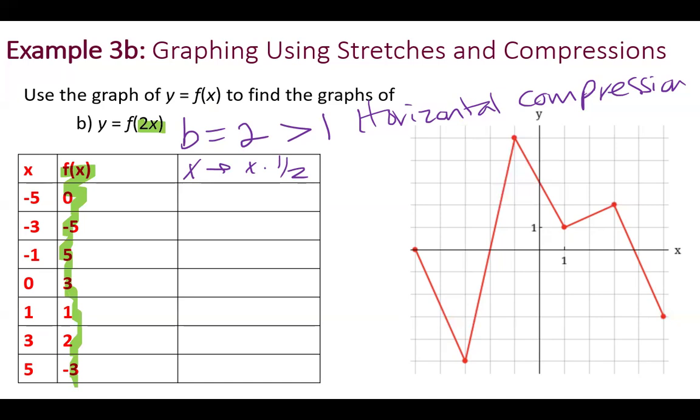But to all of our x's, we have -5 divided by 2. We have -3 divided by 2. We have -1 divided by 2. 0 divided by 2. 1 divided by 2. 3 divided by 2. We have 5 divided by 2. If fractions bother you, what can you do?